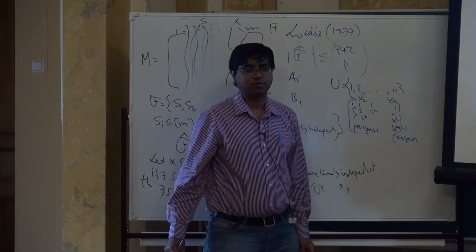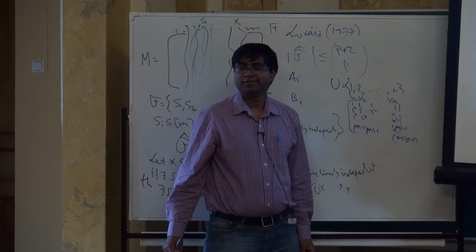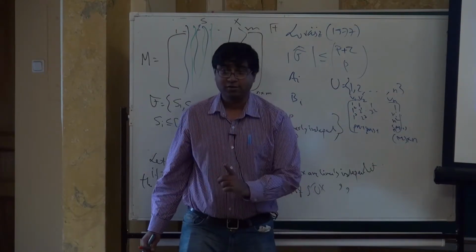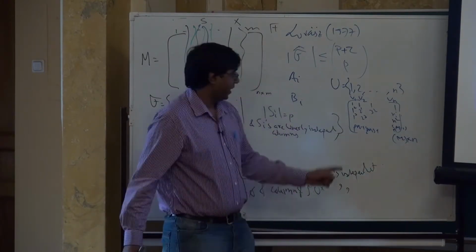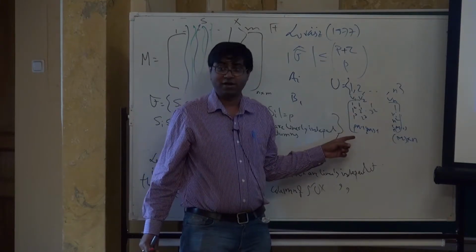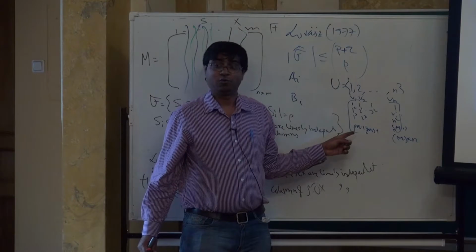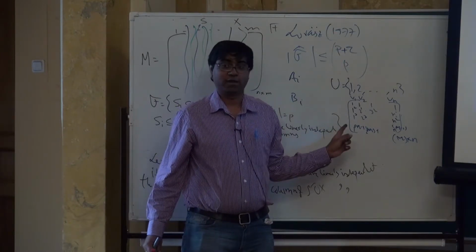What about P plus Q plus 1? Dependent or independent? For P plus Q plus 1 columns, the number of rows in my matrix is P plus Q. Row rank of a matrix is equal to column rank of a matrix.